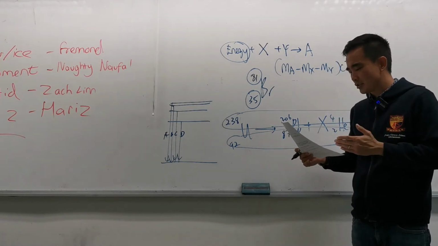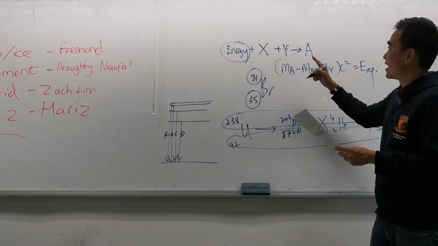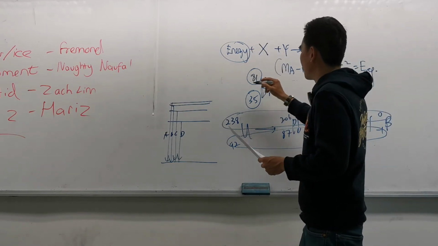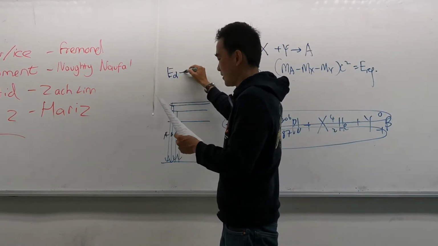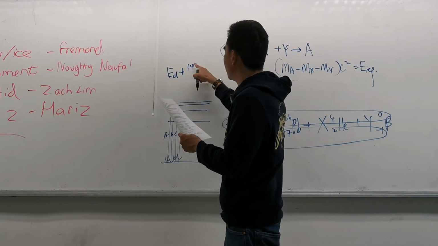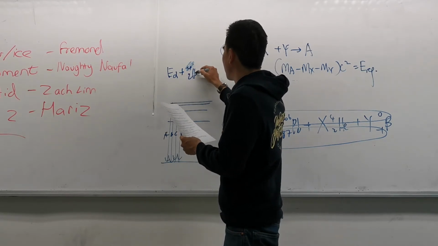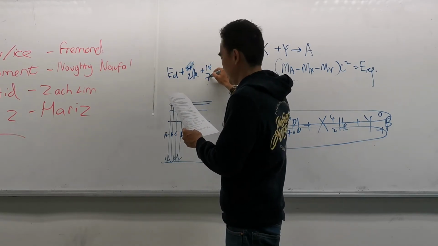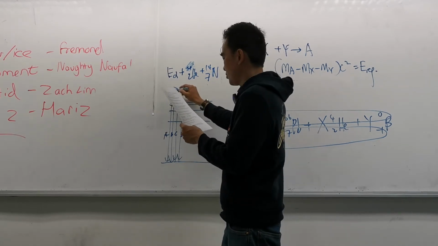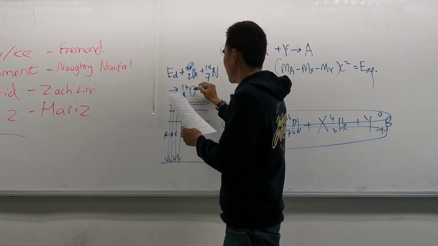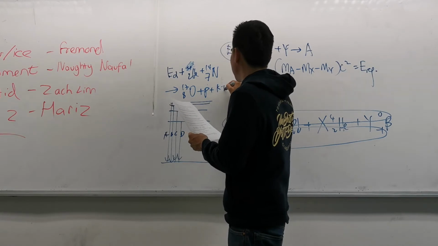The same thing. In the reaction, the alpha particles have this energy. If I were to rewrite the equation, energy of alpha plus alpha plus nitrogen-14, giving you oxygen-17 plus proton plus KE.